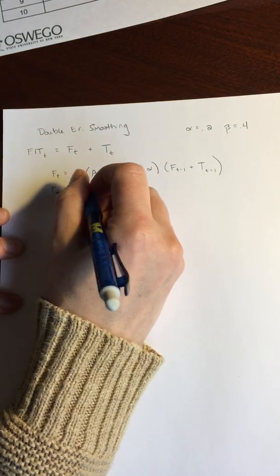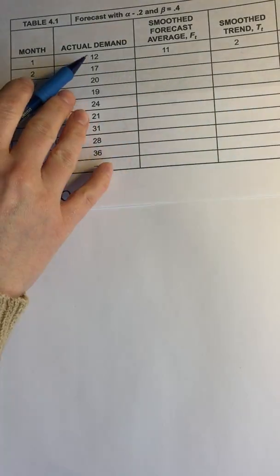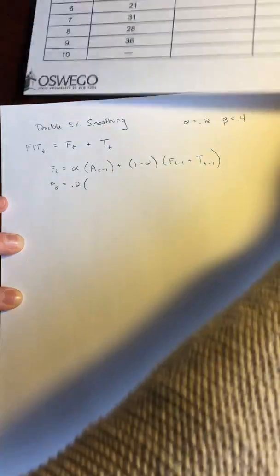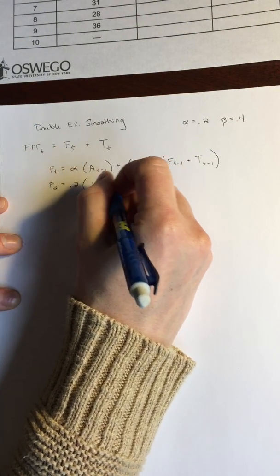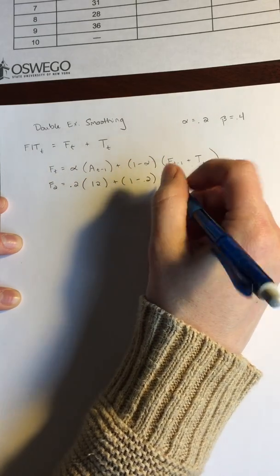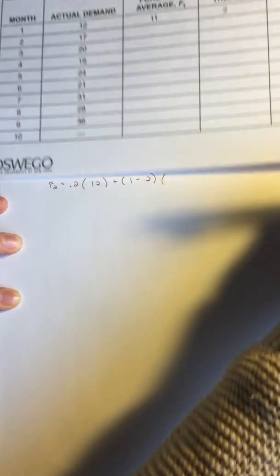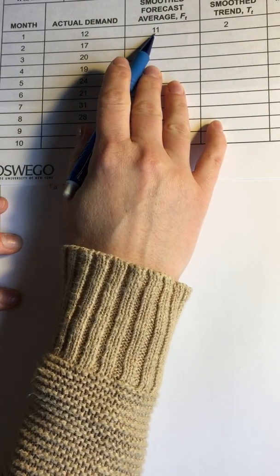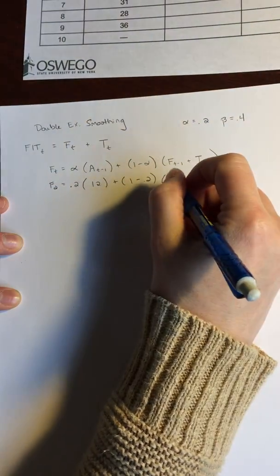So we've got 0.2 here, all multiplied by the actual demand from our last time period, which is in this case from month 1, 12, all plus 1 minus our alpha value again, multiplied by our forecast from the last time period plus our trend from the last time period, and those values are 11 and 2.